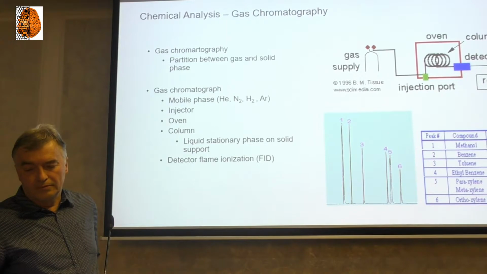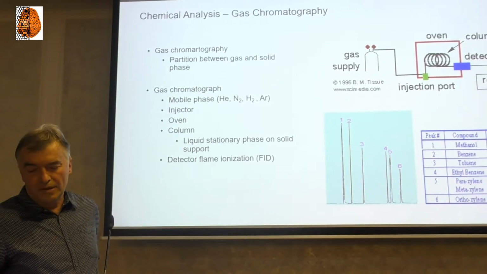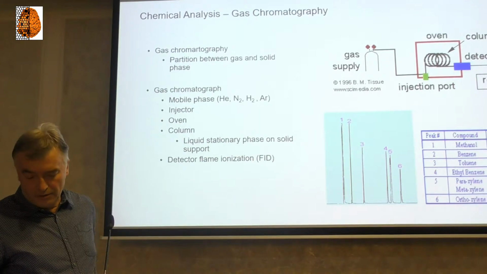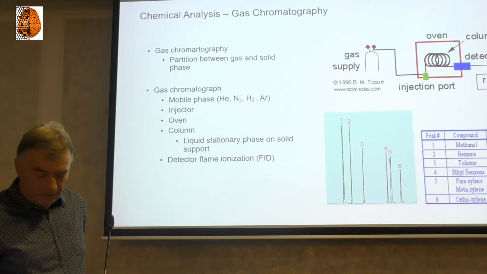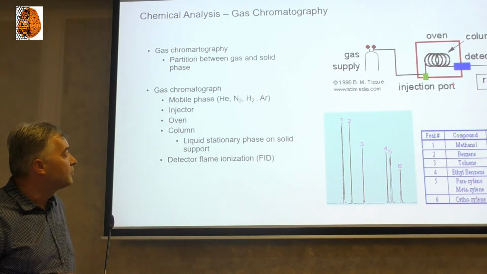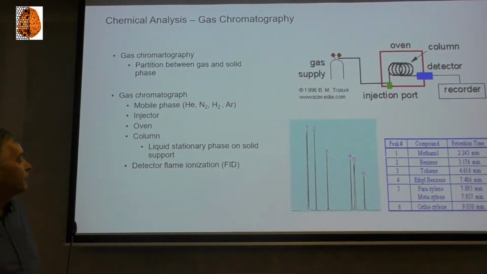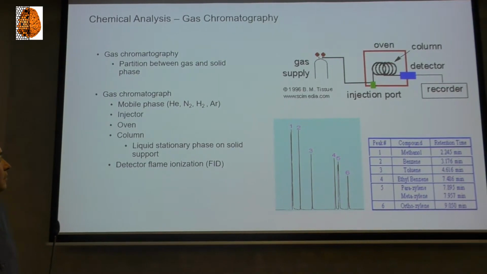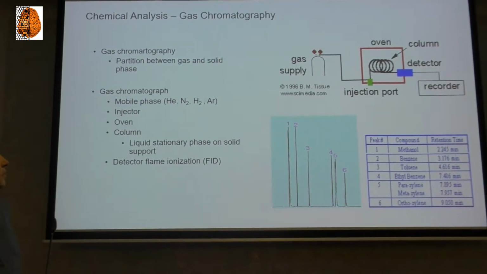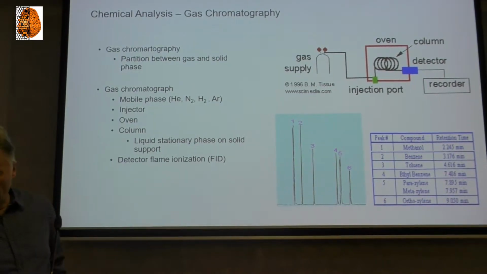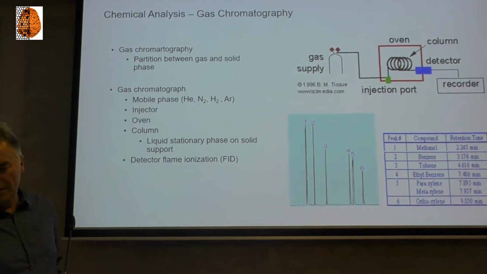This gas chromatography is shortly presented on this scheme, where separation is done in a chromatographic column and the sample is injected into the injection port in a gas phase.